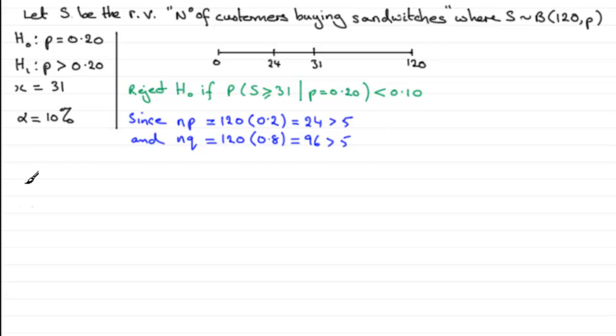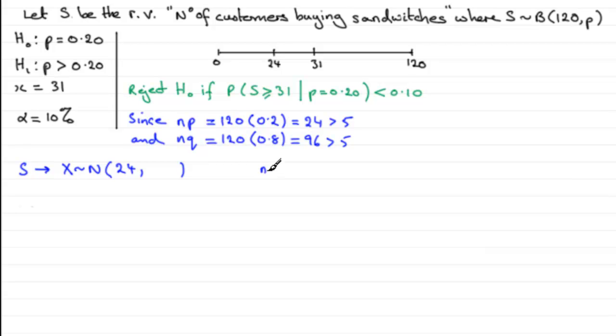So we can now think of our random variable S as being approximated to another random variable which follows a normal distribution. And when you have a normal distribution, then we have two parameters, the mean and the variance. We already know the mean, it's 24, np. But what about the variance? Well, the variance of a binomial distribution is npq.